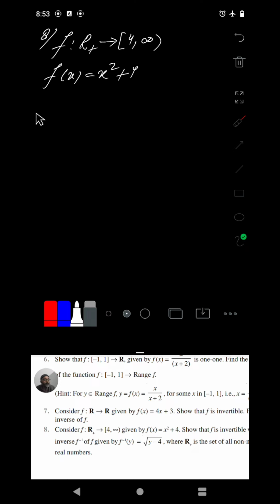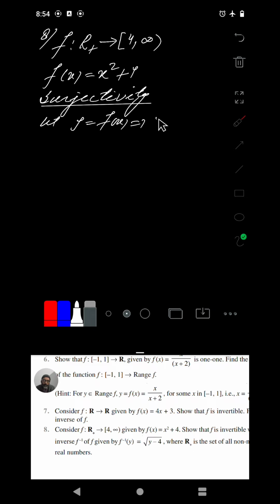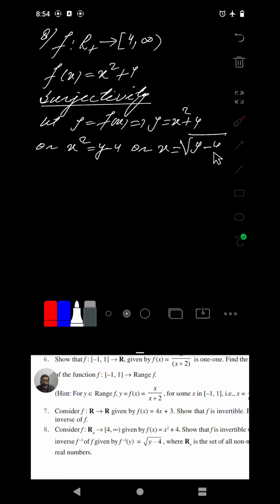Now let us talk about surjectivity of the function. As we have done before, we need to find out range of the function. So let y is equal to f(x). It implies that y is equal to x square plus 4, or x square is equal to y minus 4, or x is equal to under root y minus 4.